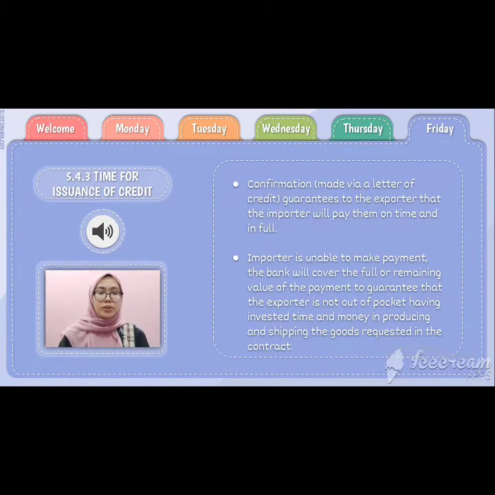Next, credit issuance itself is the process by which the issuing bank authorizes the confirming bank to issue a confirmation to the benefiting exporter of the credit issuance that the issuing bank's client will make payment to them. This confirmation guarantees the exporter that the importer will pay them on time and in full.